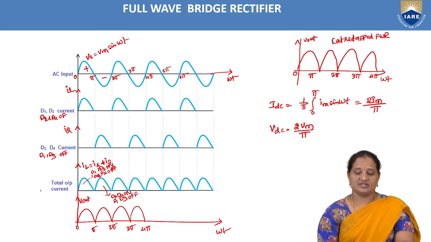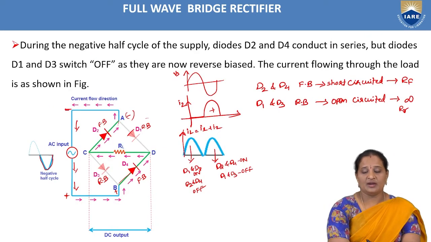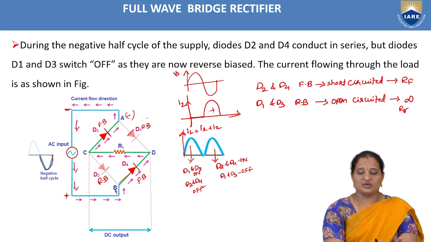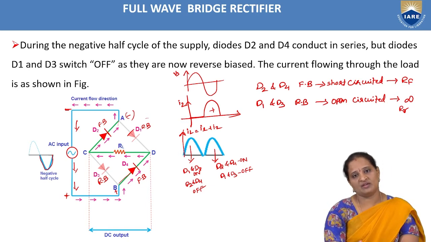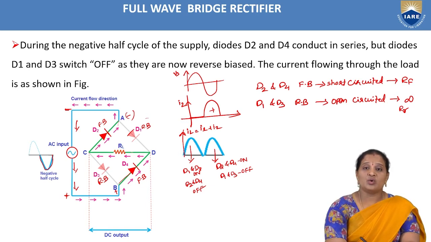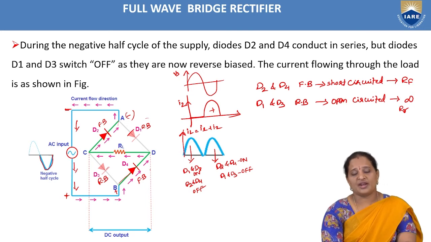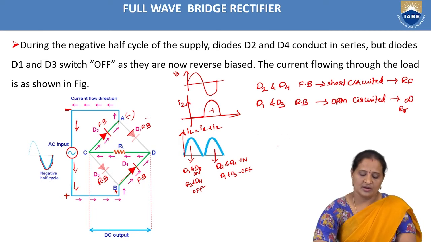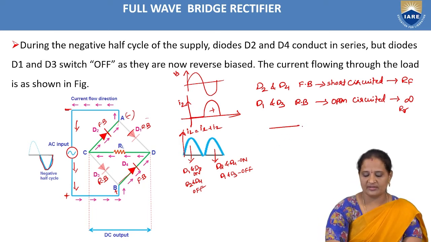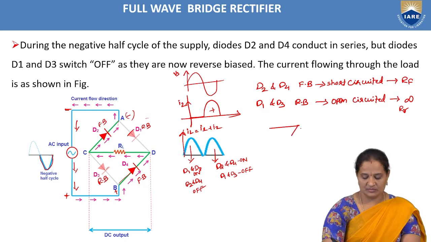But the only difference here is that, either during the positive half cycle or during the negative half cycle, two diodes are on, which are connected in series. Hence I can draw this like this.